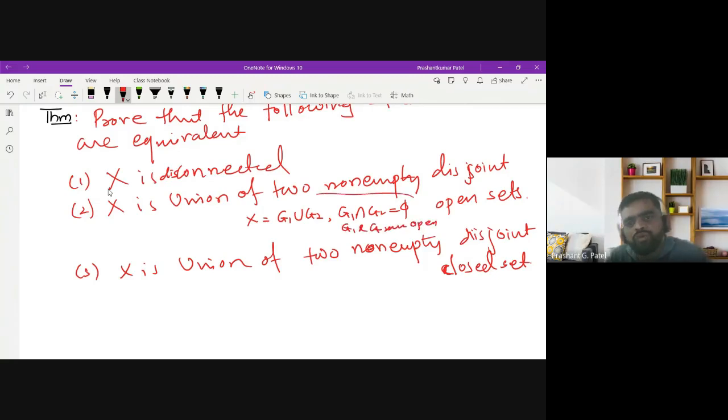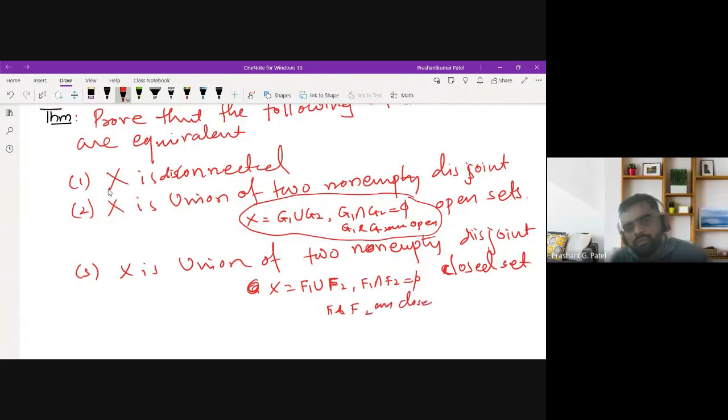There exist some G1 and G2 satisfying this if it is disconnected. This is saying that X is F1 union F2, where F1 and F2 are closed and their intersection is empty. Okay, so this is the meaning of this statement.